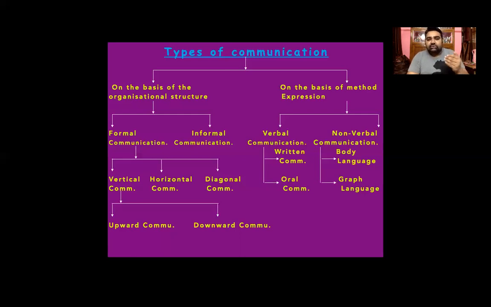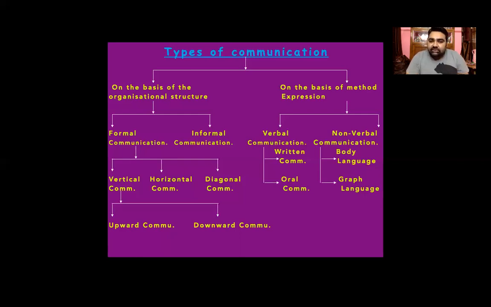Then he will inform the principal. The principal will communicate the message to the teachers. Then the teachers will communicate the message to the students. So here the message is flowing from the upper authority to the lower authority by following the chain. This is known as downward communication.